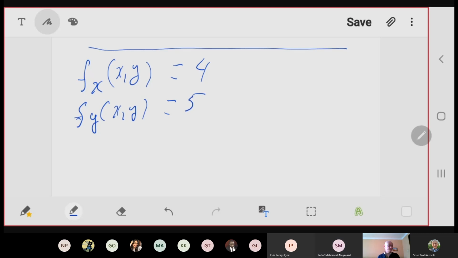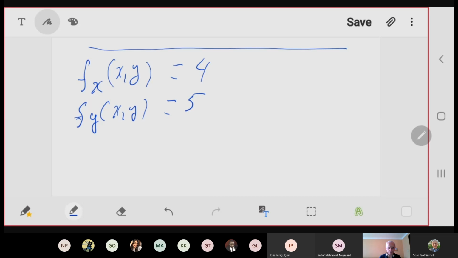Now, we said that for a function to have a local extrema, it's necessary, not sufficient but necessary, to have critical points. And critical points mean that the first partial derivatives should be equal to 0.